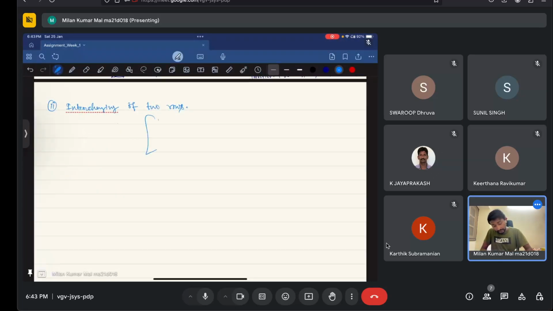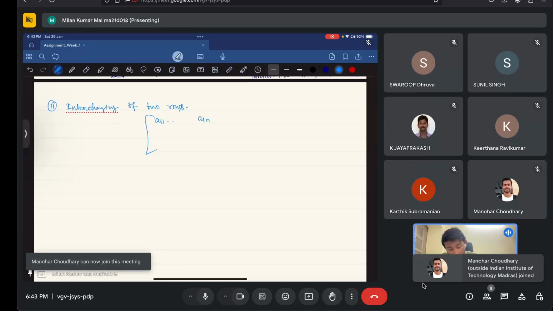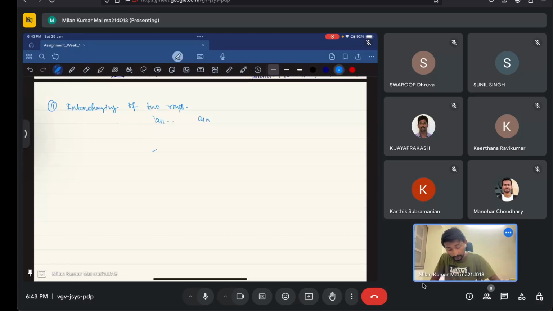Suppose I have the matrix A11 up to A1n. I'm just writing at the matrix level, I'll write it in a little bigger font. Suppose I am taking the R row and the S row.